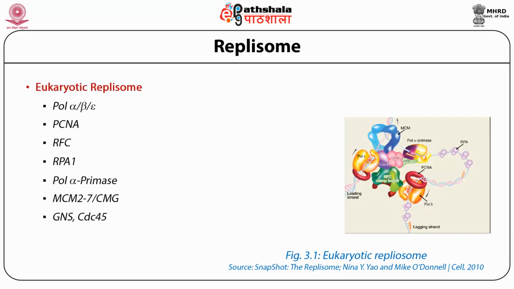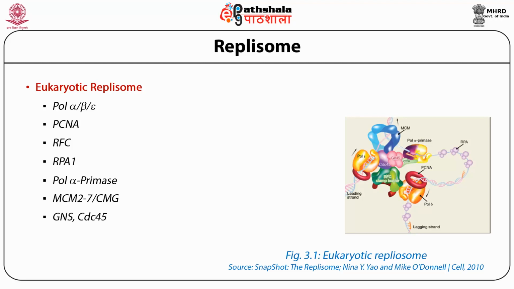The eukaryotic replication complex, or eukaryotic replisome complex as it is also known, is characterized by the following proteins. To begin with, it includes the polymerase alpha, beta and epsilon, whose functions we have already discussed. PCNA, or proliferating cell nuclear antigen, happens to be the clamp loader complex which stabilizes the replisome complex on the DNA duplex.